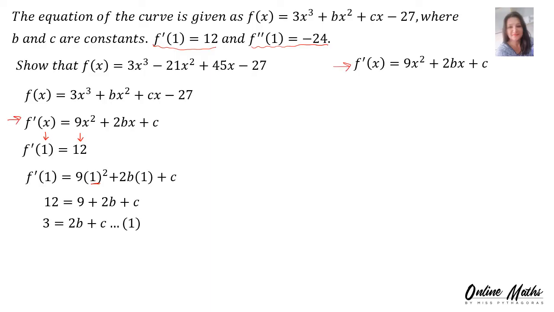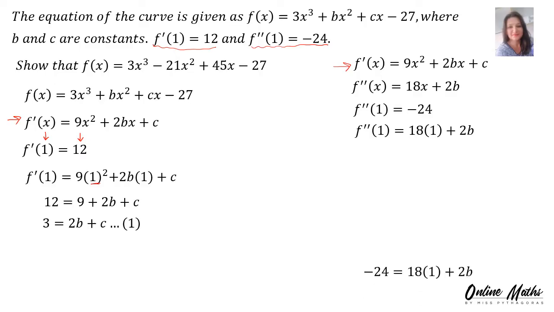And now, since the second derivative is given, I'm also going to find the second derivative. And it becomes 18x plus 2b. And then for the second derivative, there's a point, 1, negative 24. So in x's place, I will substitute 1: 18 times 1 plus 2b, but the second derivative is equal to negative 24.